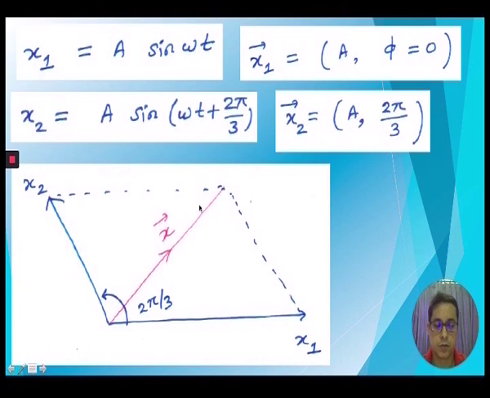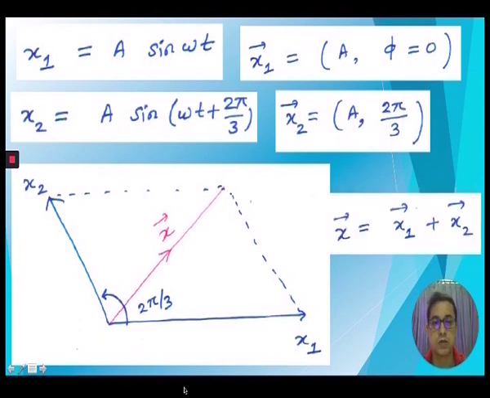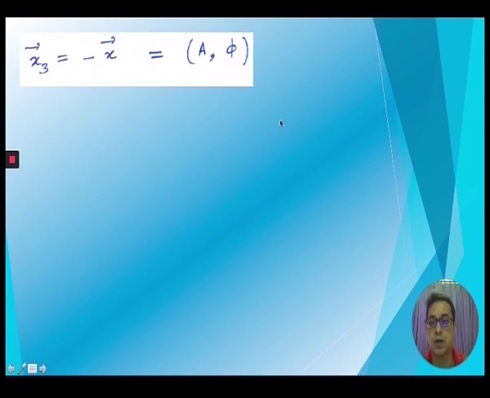Now, what is said is that you have to add another displacement such that this x gets cancelled, and obviously that is going to happen provided you add the displacement in the direction opposite to x, along this vector, and its magnitude should also be the same. So it's very easy. This is the resultant, and the third one is going to have the same amplitude, and the angle phi is what you have to determine.